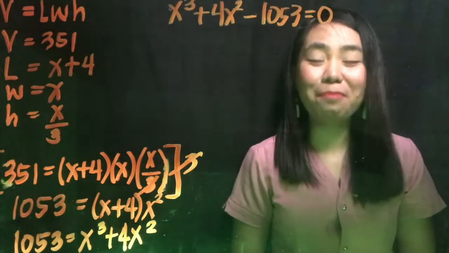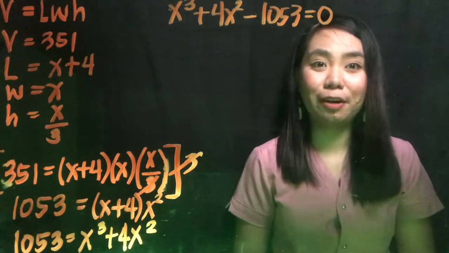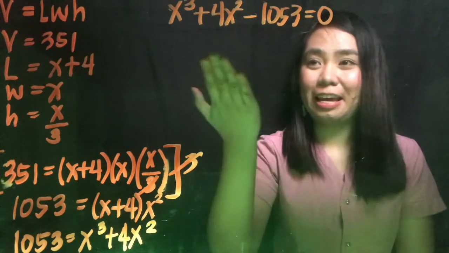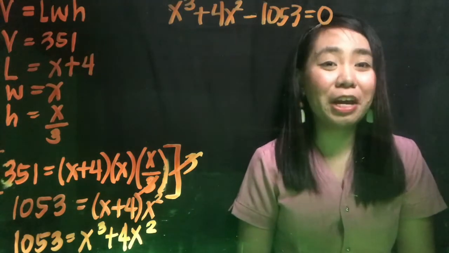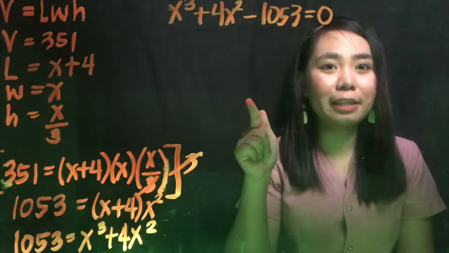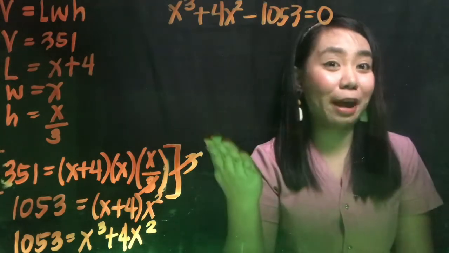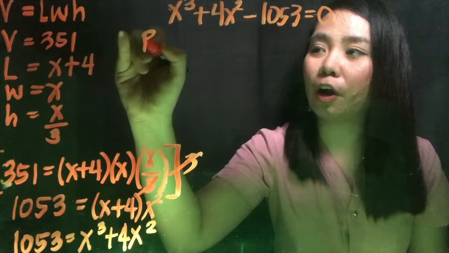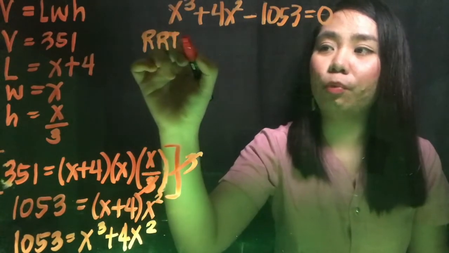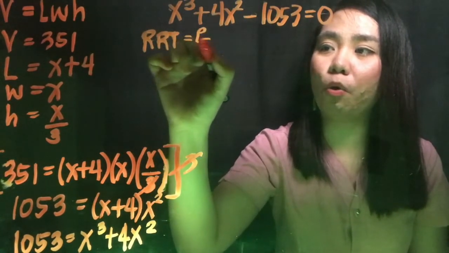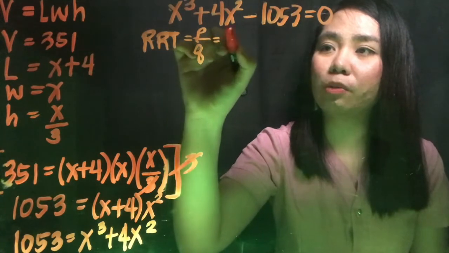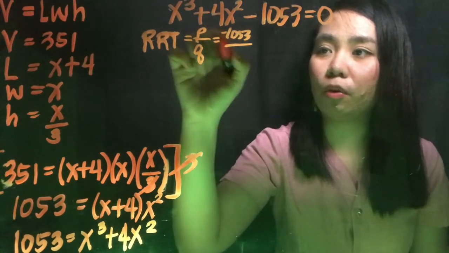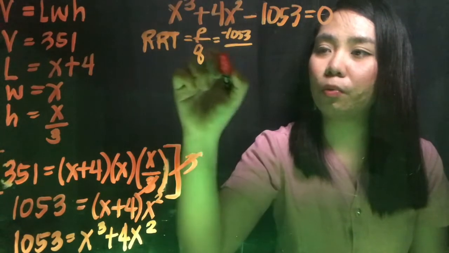And it's our time to find the values for x. In this case, since it's cubic, we can go back to finding the roots. And to find the roots, we can use our rational root theorem. Don't forget your RRT, which is simply P over Q. Your P is 1053, over Q, or you put it negative, and Q is just 1.